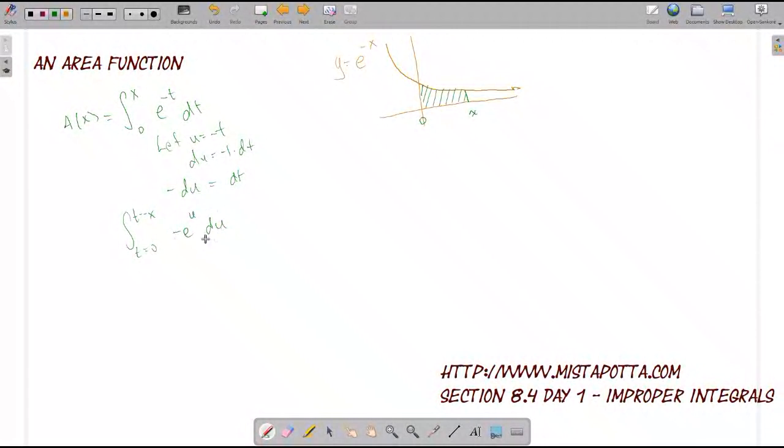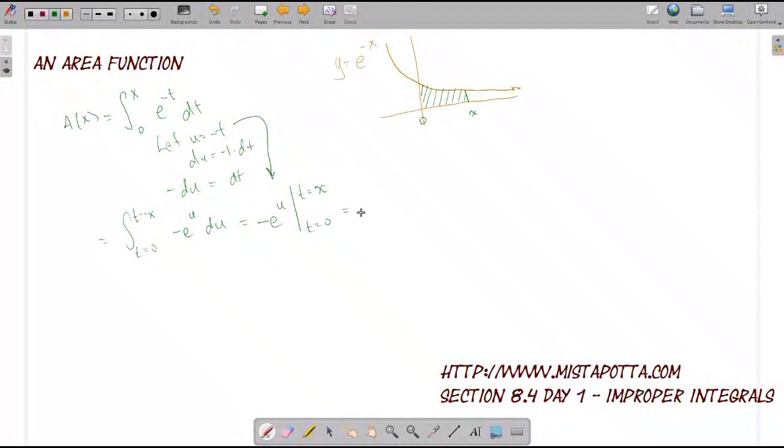And this is a pretty straightforward antiderivative. This ends up being negative e to the u, which I'm going to evaluate from t equals 0 to t equals x. And I've got a mismatch of variable here, so I really want to resubstitute my u back in.